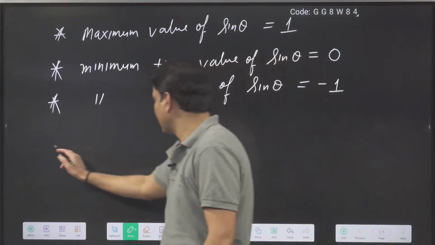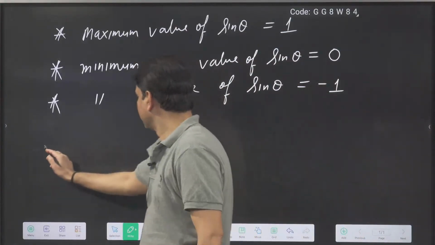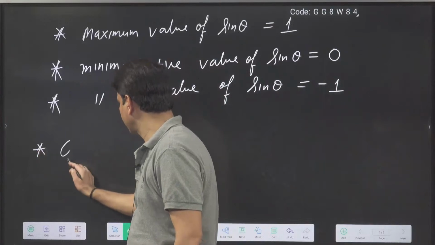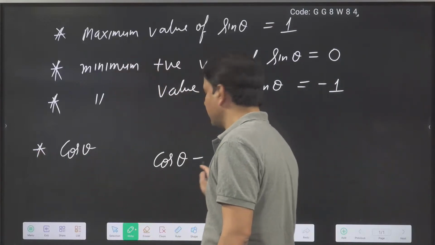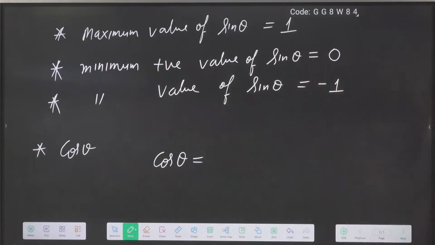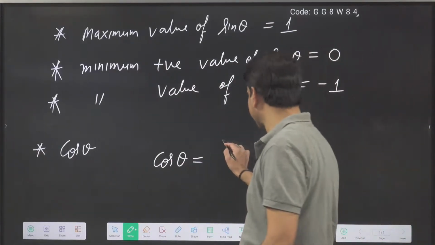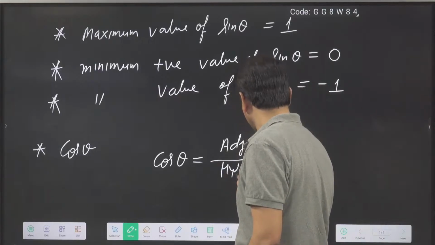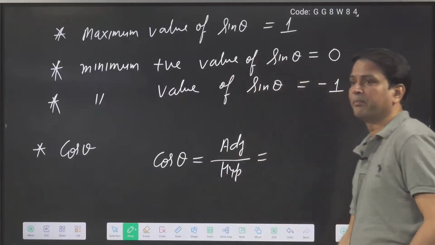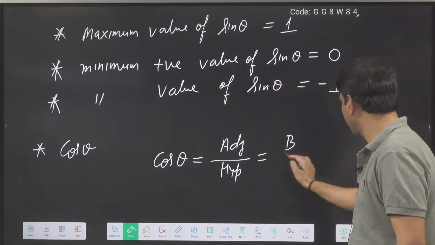Now, suppose I am saying cos theta. Next one is cos theta. So, cos theta formula, what do we know? Your formula is adjacent side upon hypotenuse, or we can write base upon hypotenuse.